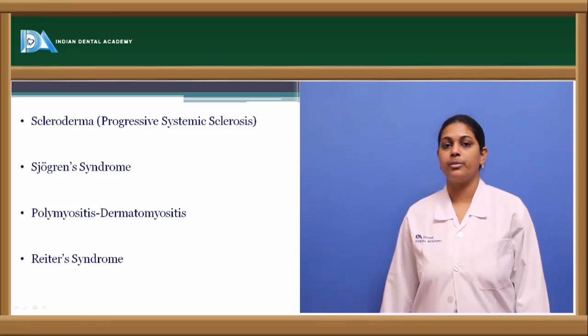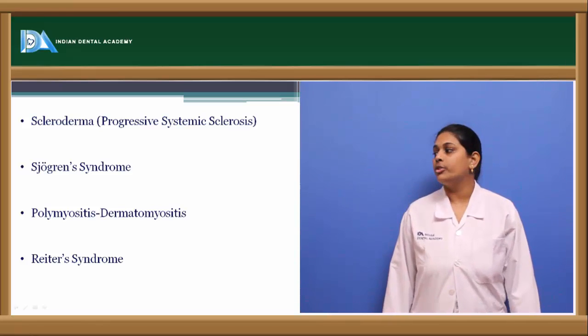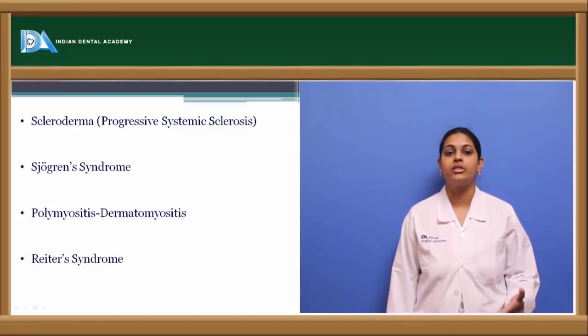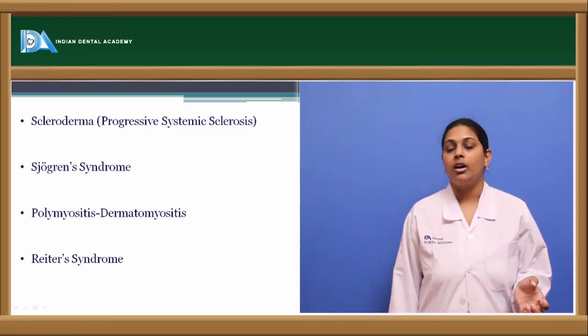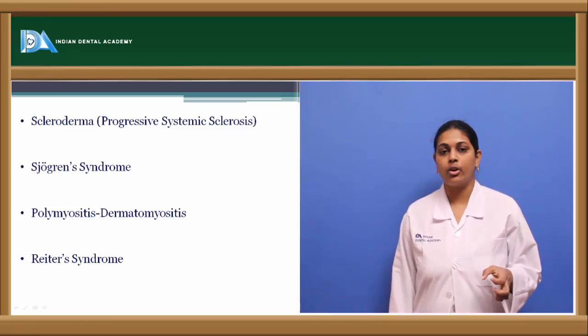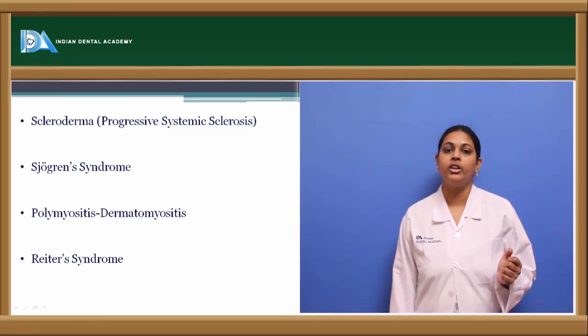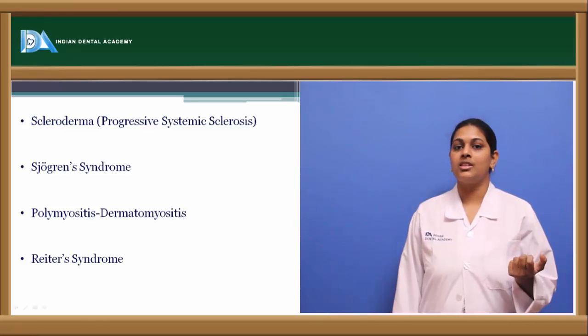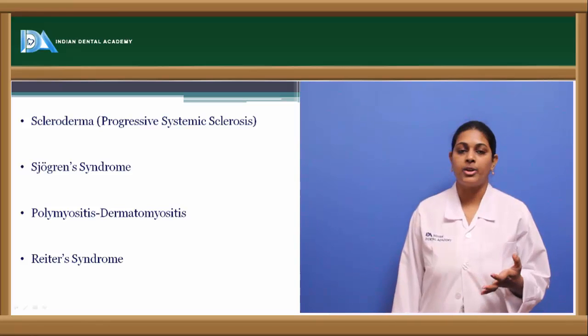Coming to the other autoimmune disorders, that is scleroderma, which is also known as progressive systemic sclerosis. As the name itself suggests, if we split the name, sclero means sclerosis or formation of fibrosis, and derma means the skin. It was first observed as a skin disorder with formation of skin rashes.